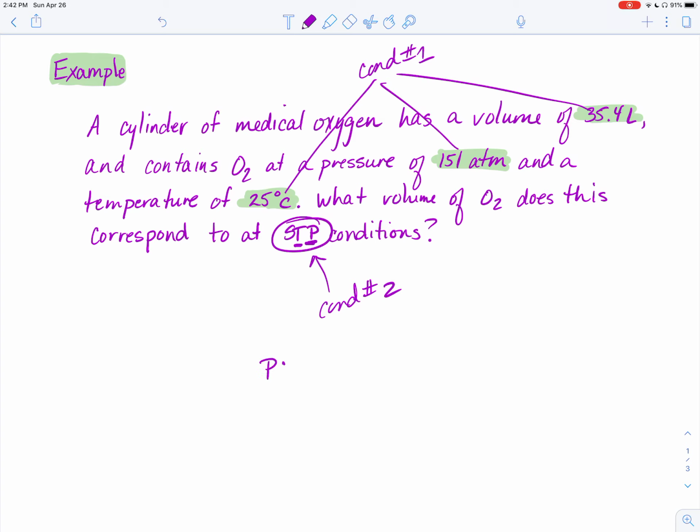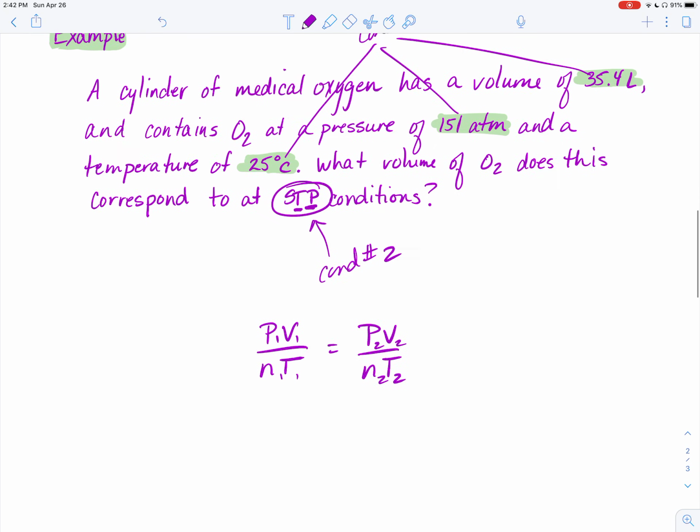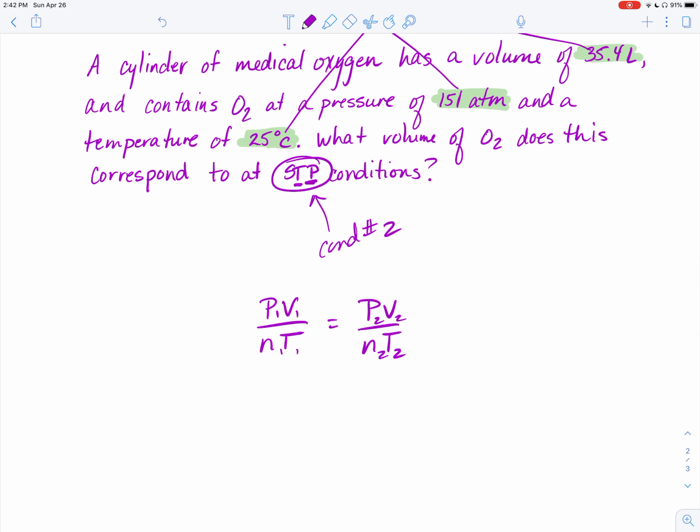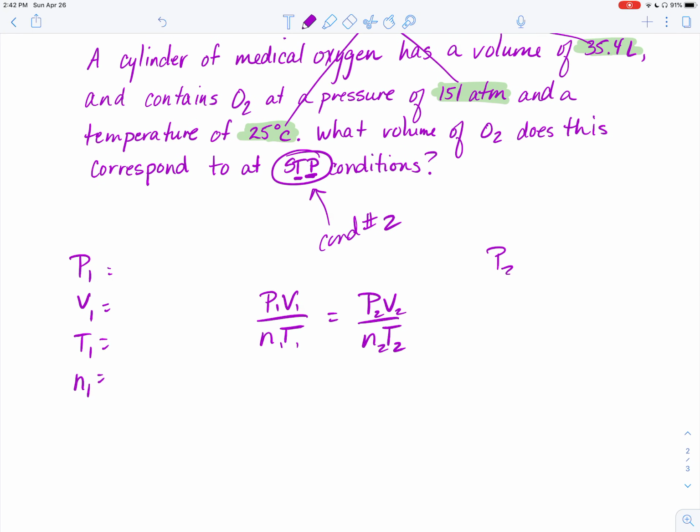So let's use the combined gas law, which looks like this, where we have condition 1 on the left, condition 2 on the right. Let's write down the information we have. We know P1, V1, T1, and N1, P2, V2, T2, and N2.